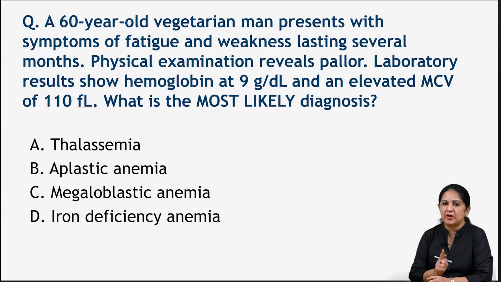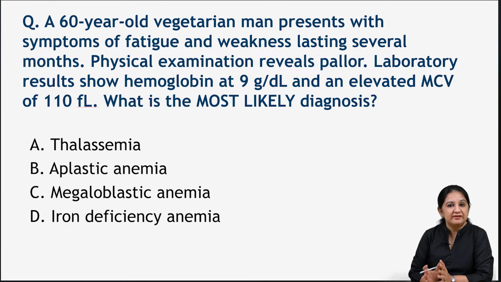It will just take 1 minute extra to go through the question thoroughly. What are the features that you have to understand? What are the features that you have to note? He's a vegetarian man. Signs and symptoms of anemia, which is very well confirmed with your hemoglobin, that is your 9, and an elevated MCV.